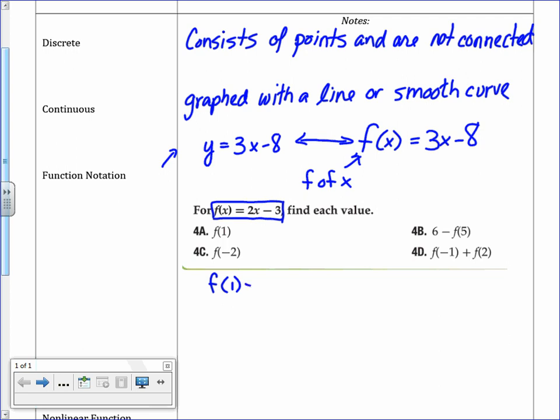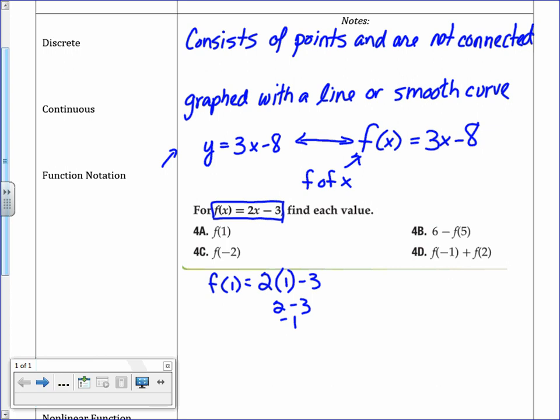F of 1 equals 2 times 1 minus 3. So we're substituting that 1 in for the x value of the function. So then we can just do the math: 2 minus 3, and we get negative 1.